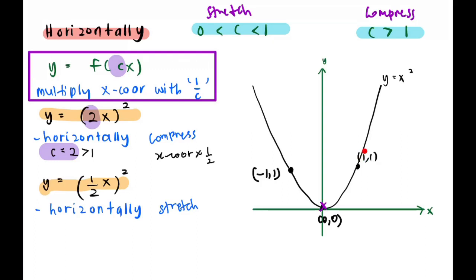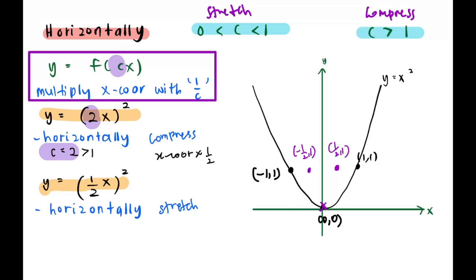Then let's take this x coordinate and multiply it by half. So 1 multiplied by half is half. So this will be here, half, 1. And then let's take the x coordinate here, minus 1, multiply by half, so this will become negative half, 1.